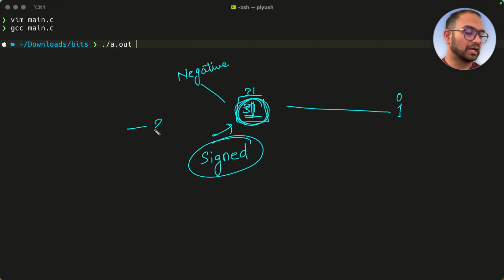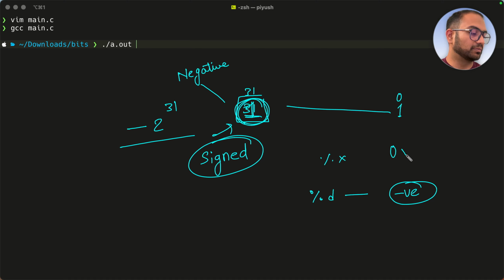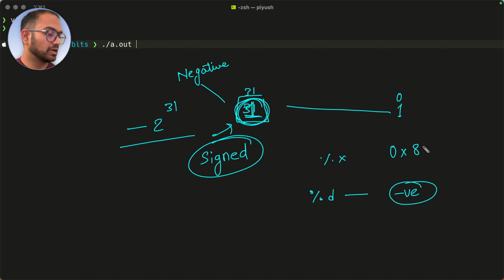So what we should see is the %d part printing a negative number, and the %x part printing 8 0 0 0 0 0 0 0.